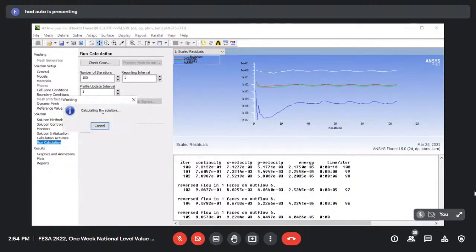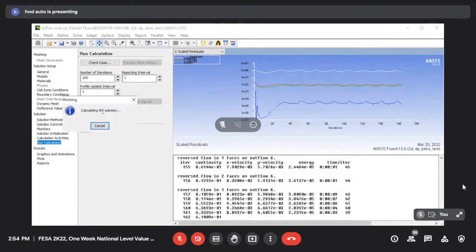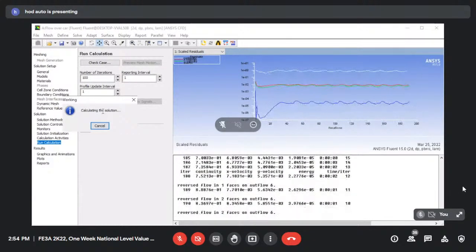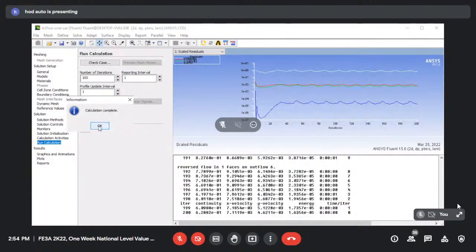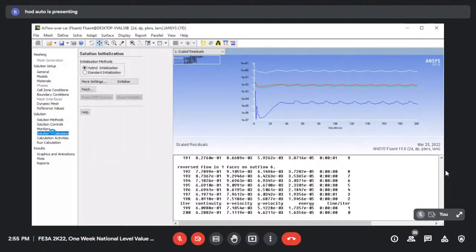Sometimes it takes more and more amount of time. You can go with solution controls, energy 0.9. You can sacrifice a bit.